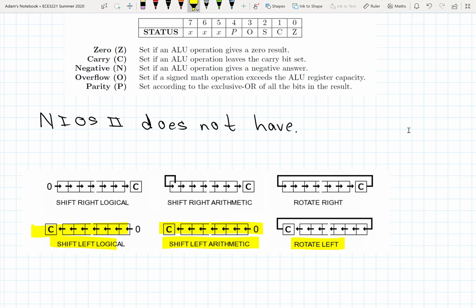Rotate left, same idea as rotate right, except the most significant bit is rotated back into the least significant bit. So make sure you are aware of the differences between those operations, and thinking about the ALU flag register, you can see how these different operations might set a carry bit in these various operations that may be expected, or it may not be, depending on what you're doing.